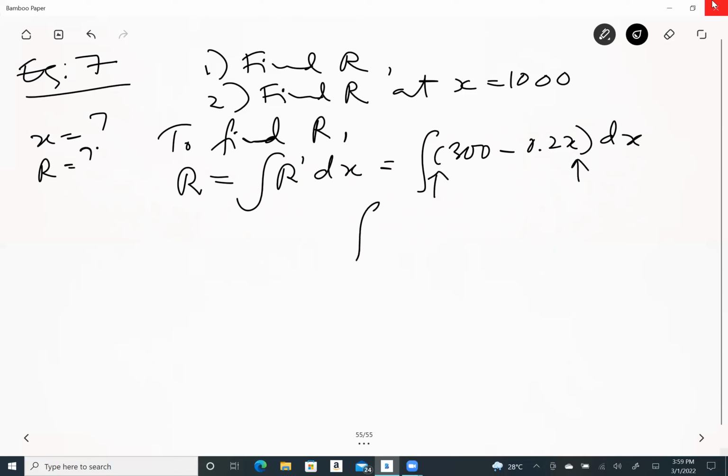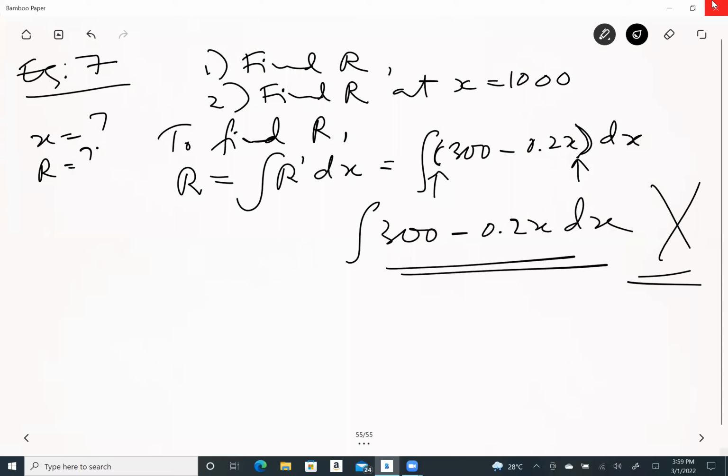You cannot simply write 300 minus 0.2x dx. This doesn't mean anything. So the function is 300 minus 0.2x. Therefore, to integrate the whole function, you put a bracket around the whole function. If you miss the bracket, it doesn't mean anything.